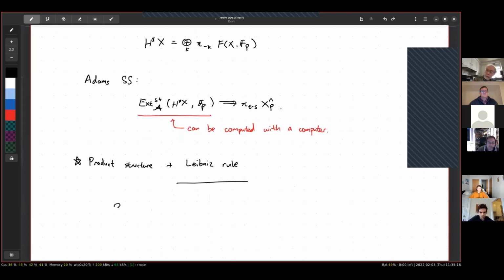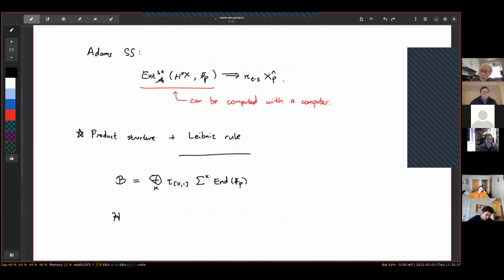So we'll call this B. We also take the sum over all k, but now instead of just taking homotopy groups, we take two layers in the Postnikov tower together, and we need to do a shift, and then End of F_p. And then we can define the secondary cohomology of a space to be the sum over all k, basically the same thing, of maps from X to the k-fold suspension of F_p.